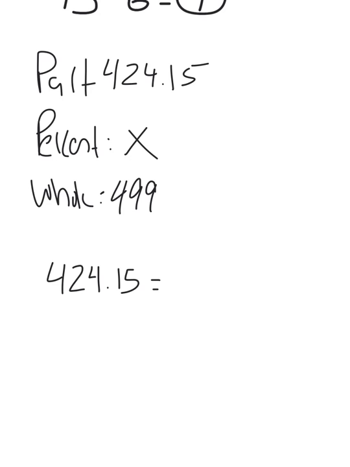$424.15 equals our percent x, and we can even use p for percent, times the whole, which in this case is $499. Now in order to solve for p, I have to divide each side by 499.